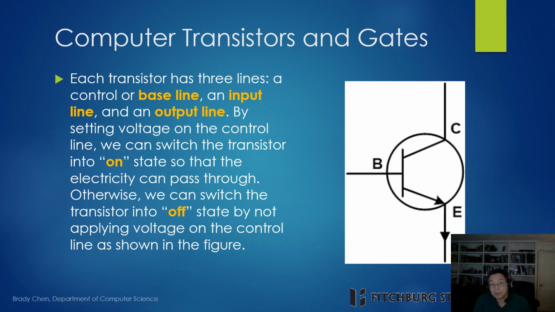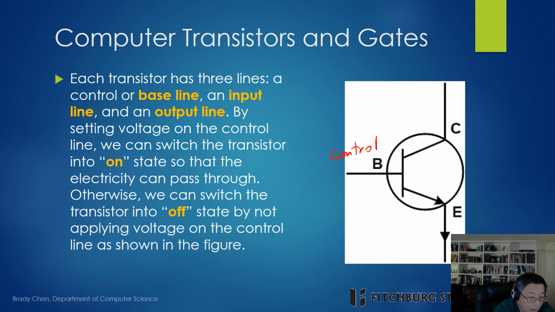The diagram on the right illustrates what a transistor looks like. This is just a logic diagram. Each transistor has three lines: a control or base line, an output line, and an input line.